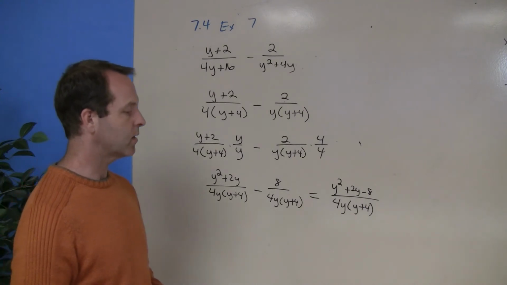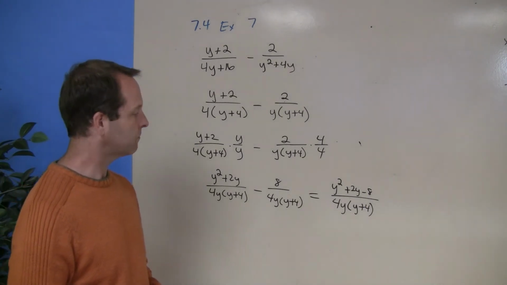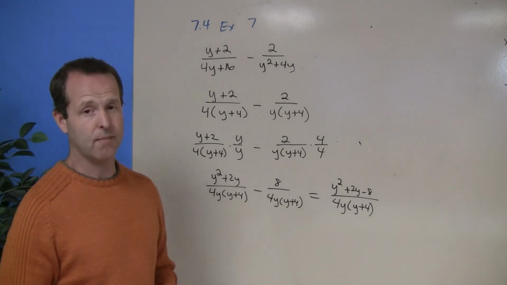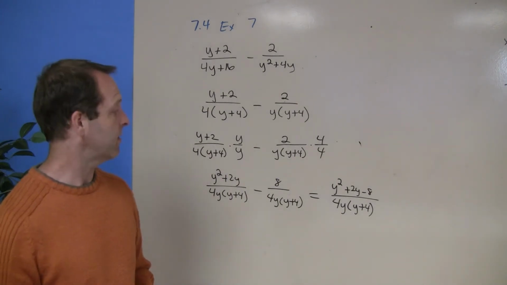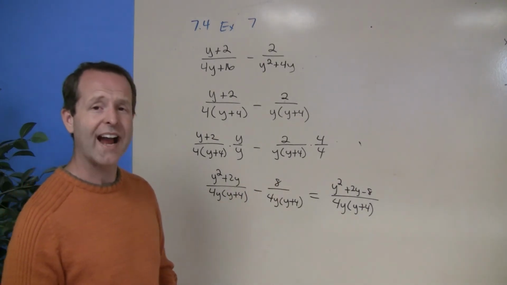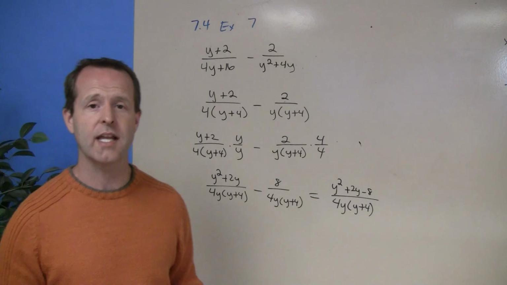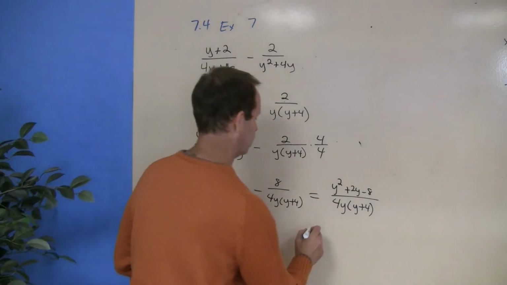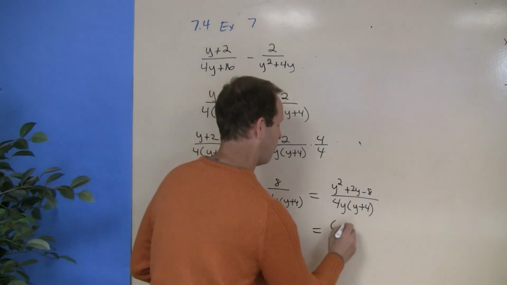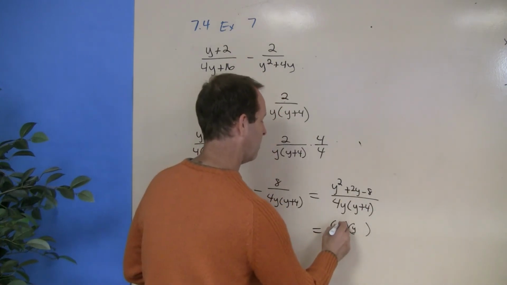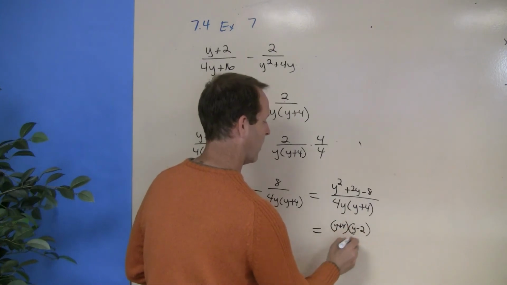Now what I can also check on this particular problem is whether it is in its reduced form. We might see that I can reduce some things out of it. I don't know for sure, but that top part looks like it could factor, so let's look at everything in its factored form and see what happens. If I factor the top, I get y plus a 4 and y take away a 2.